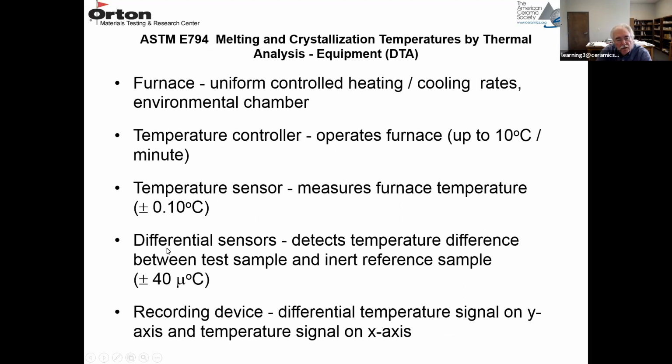It's a thermocouple. And then you need a differential sensor, which is detecting the temperature difference between the test sample and the inert sample. And then you have to record these temperature differentials and the heating rate. The differential temperature is recorded on the y-axis, and the heating rate temperature is recorded on the x-axis.